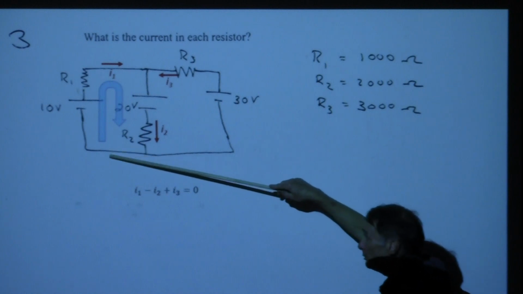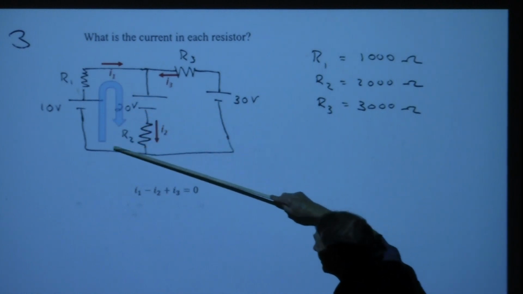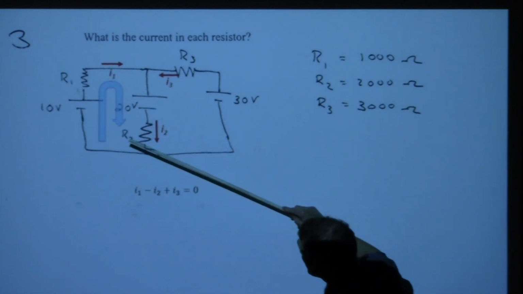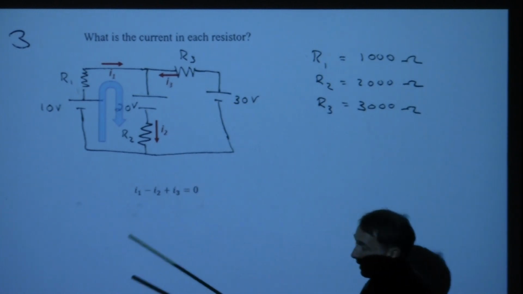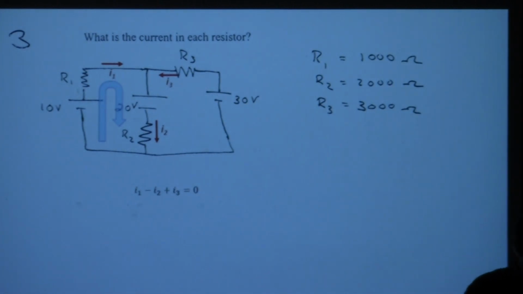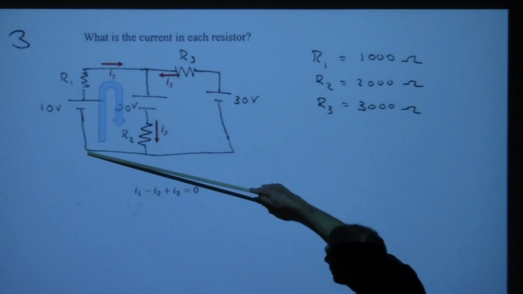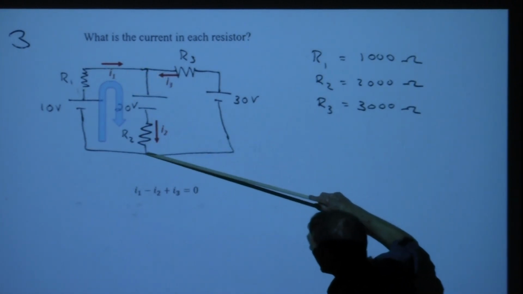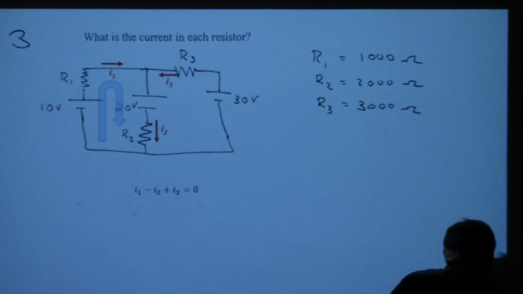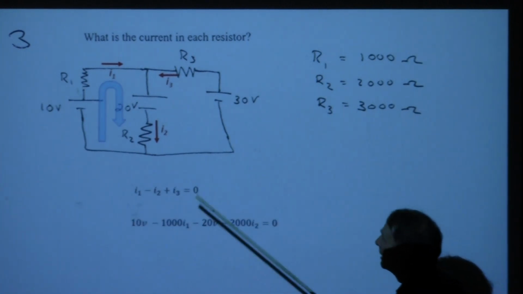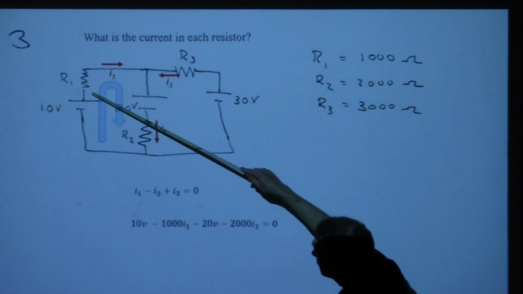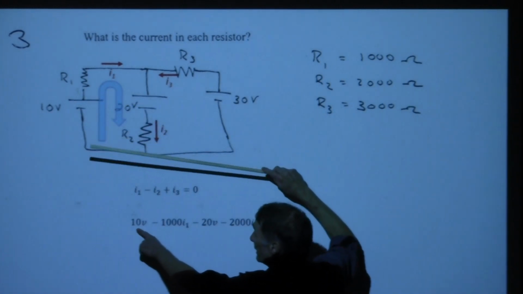Then for the voltage loop law, it's usually best to use the smallest possible loops. Let me show you how we'll do that. Okay, I'm just going to set up an arbitrary loop. I'm going to start down here. I'm going to go up, around, down, and back. And I go up on the voltage side. This is a plus 10.